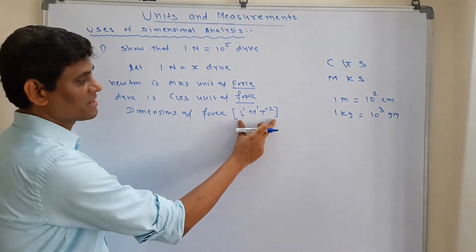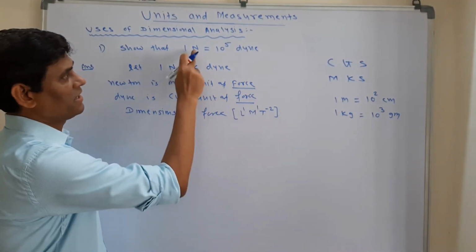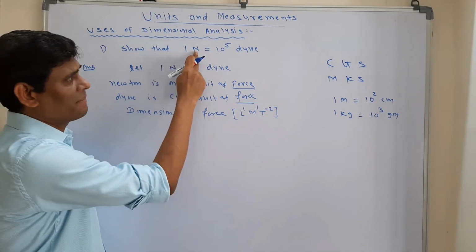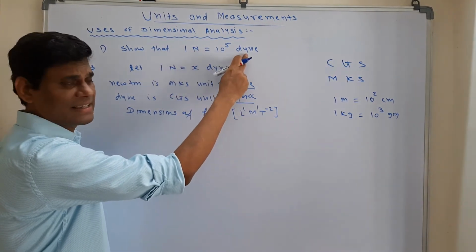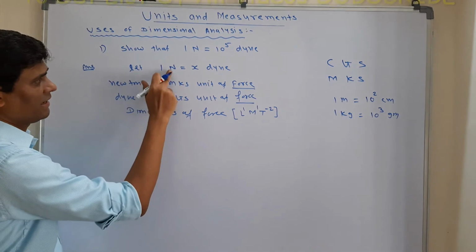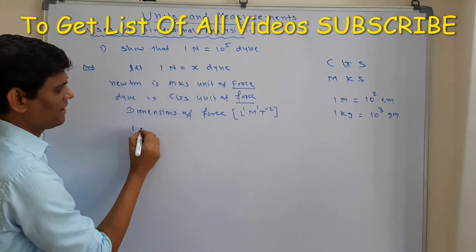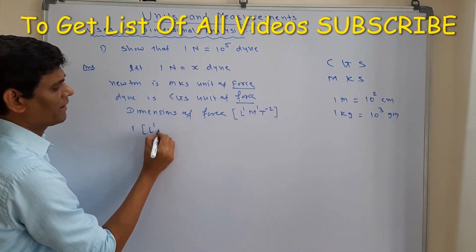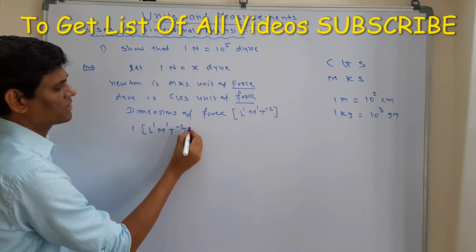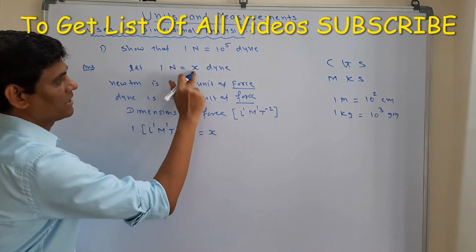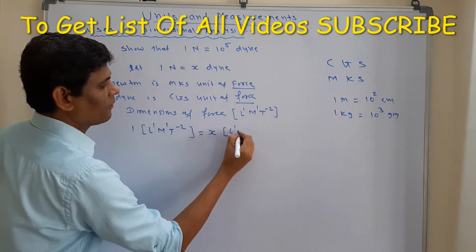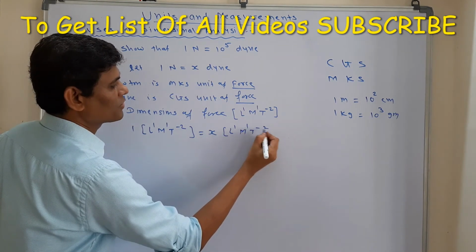Now this is the dimension of force, we'll write here because this is also force but in the MKS system. This is also force but in the CGS system. So we'll say here 1 Newton. In place of Newton we'll write the same L1 M1 T minus 2 is equal to x. In dyne also we'll write the same L1 M1 T minus 2.